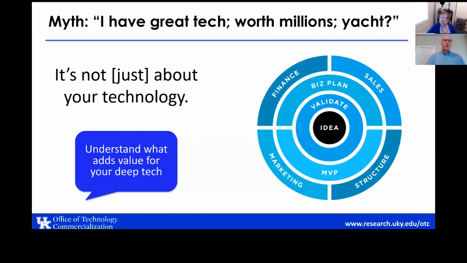And again, we want to circle back on our deep tech and think about which particular things in your case add value and in your case do not. That's going to be specific to every technology. Every technology is going to have parts that add value and parts that don't. And that's up to you as the entrepreneur with your customer discovery and your work as a part of aiming to go out and figure that out.